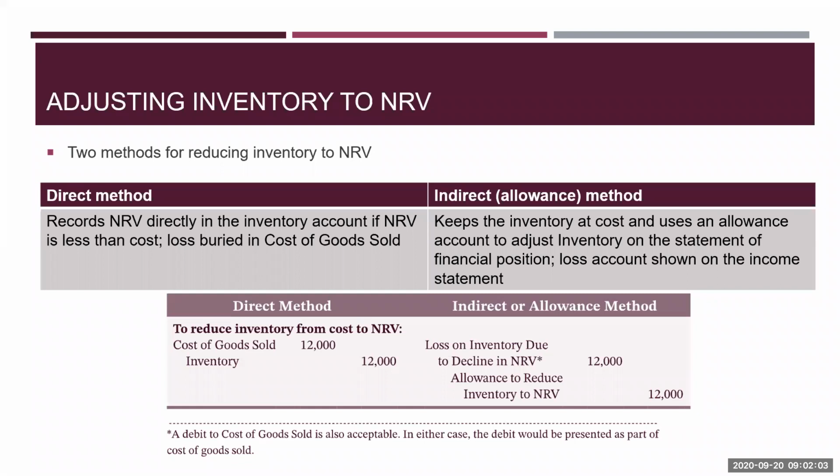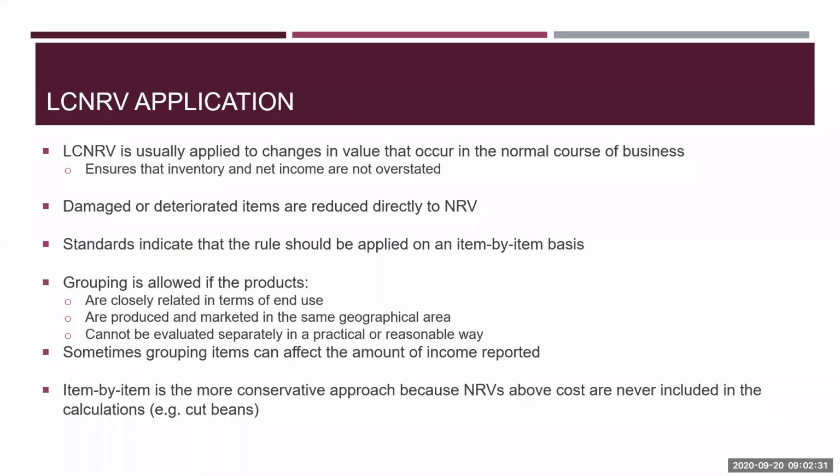You can only group them if they are homogeneous products. Okay. Otherwise, let's say if we have 10 different types of inventory items, we cannot apply the LCNRV rule to the totals of these 10 inventory items you have. You have to apply it for each inventory type, unless of course your product is homogeneous and they can be grouped together. Okay, so that is what they were talking about here under the grouping and when that is allowed.